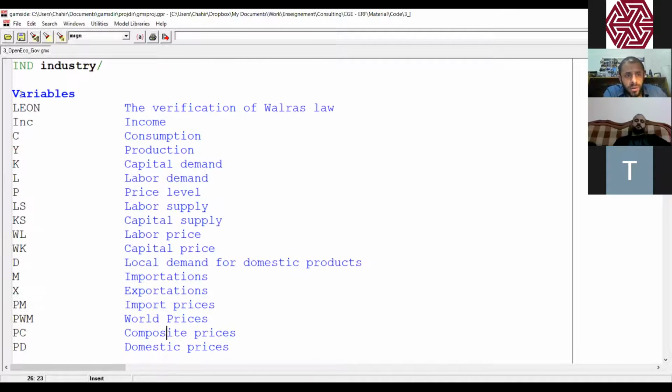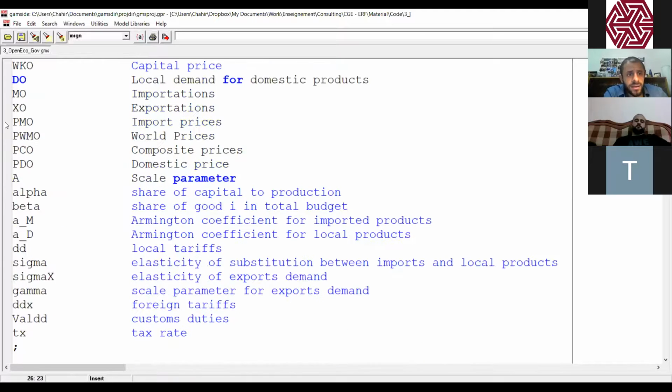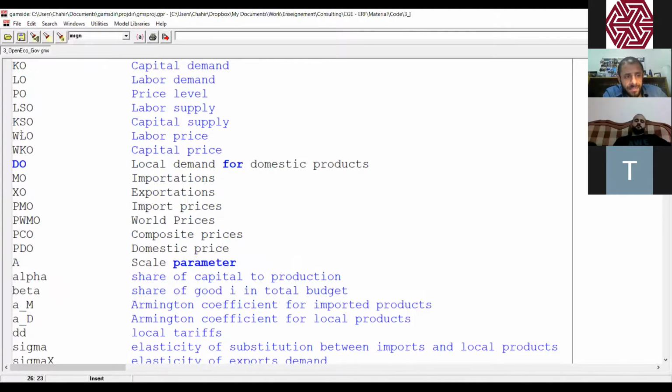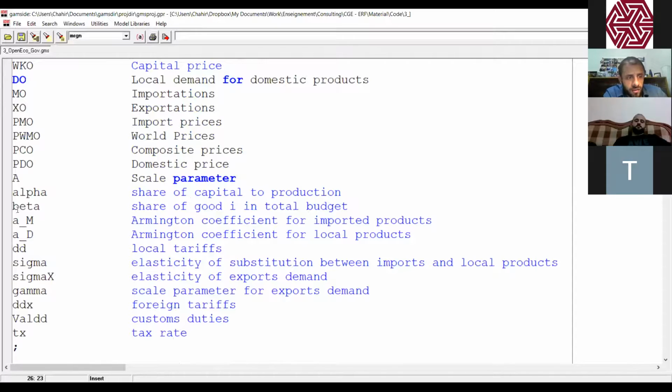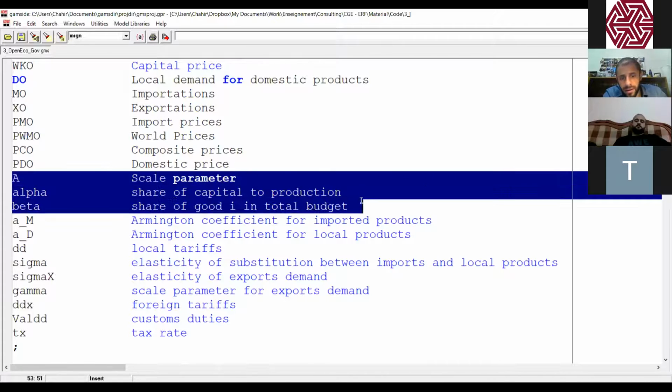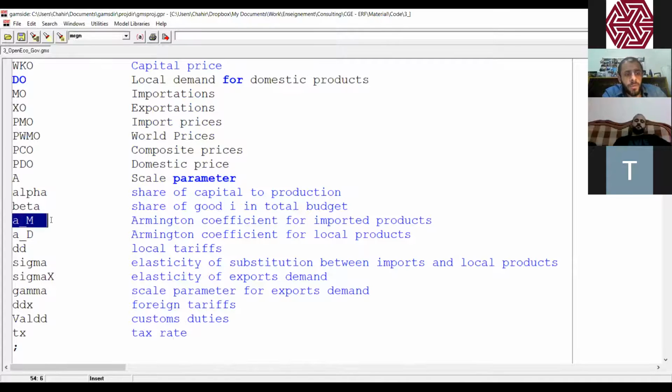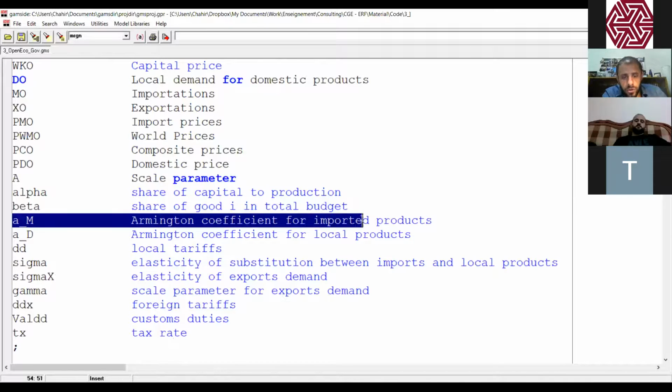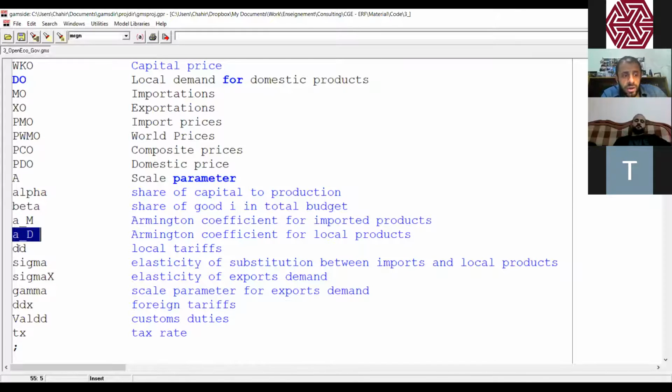We take all these variables, copy and paste, that represent the parameters, but now we have also a new set of parameters after the A, alpha, and beta that are the old parameters. So we have the Armington coefficient for imports, and that's the scale parameter I was talking about, the A parameter, and the scale parameter for domestic goods. Tariffs, we have the elasticity of substitution.